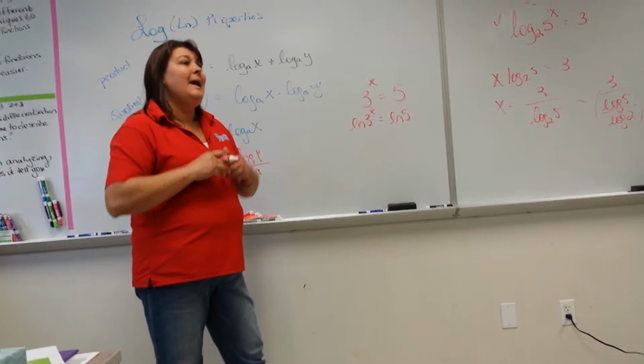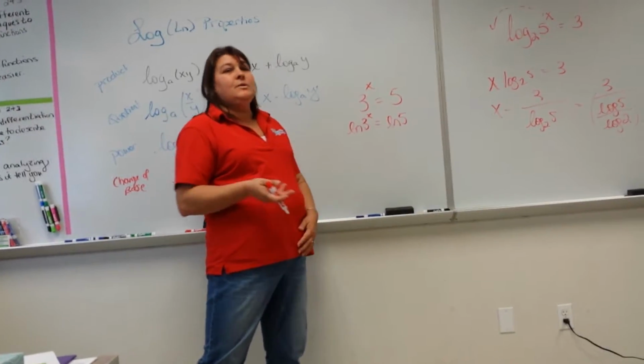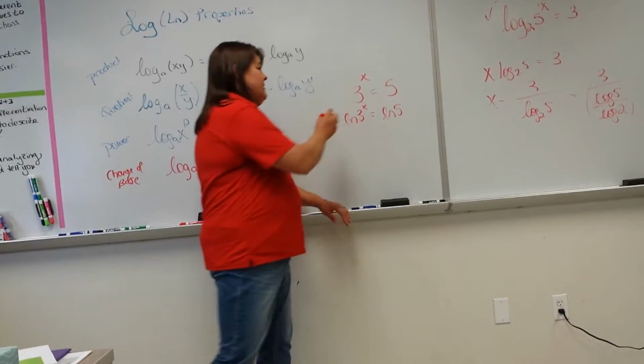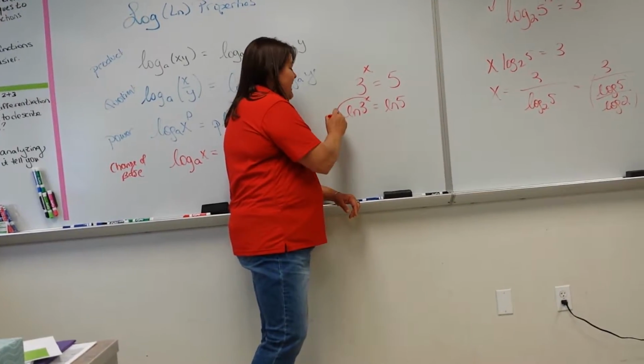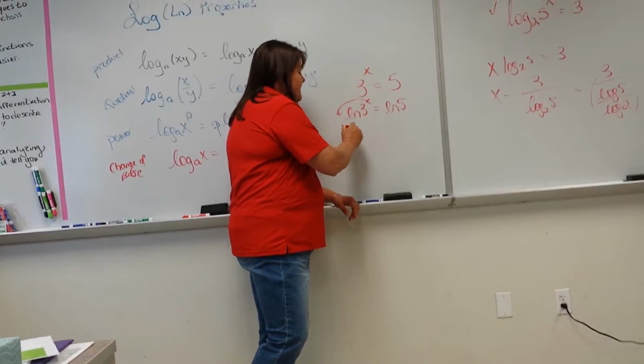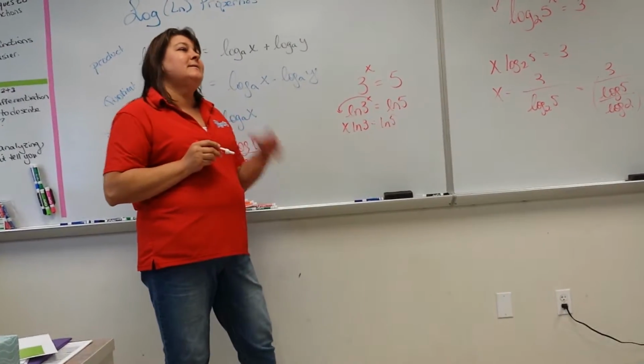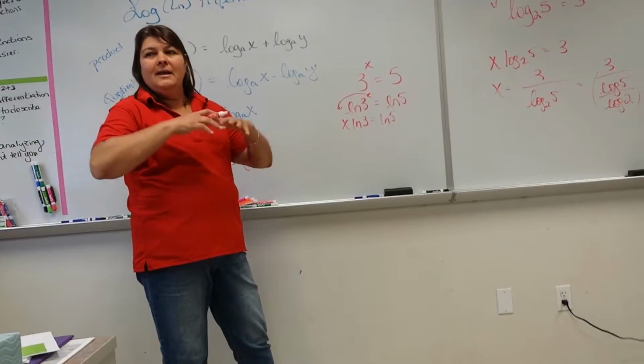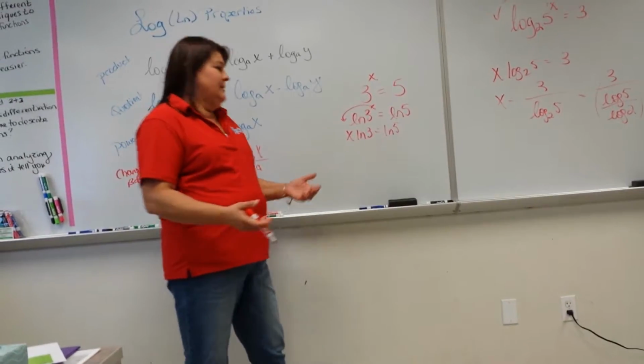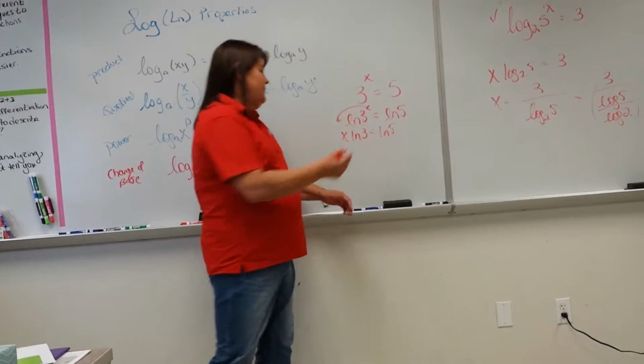Now, what would the next step naturally be? Bring the x to the front. So I have x times natural log of 3 equals the natural log of 5. Next step: divide both sides by natural log of 3.